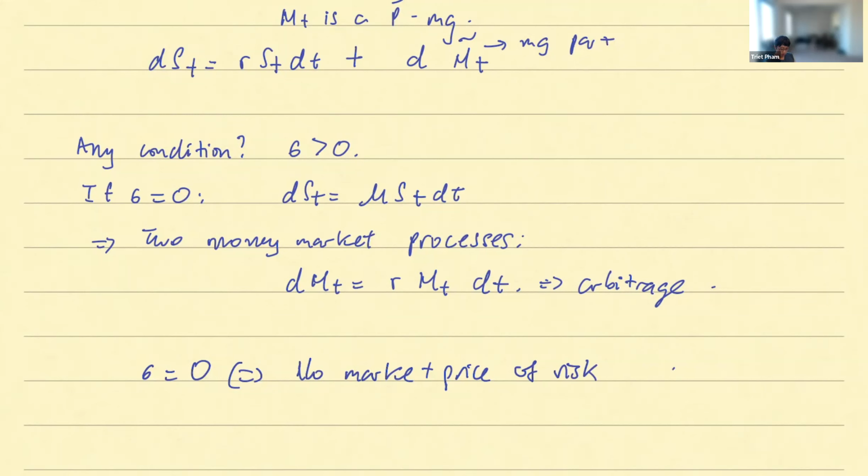By market price at risk, I mean the Sharpe ratio. You understand? So that's the message: market price at risk is connected to risk neutral probability and vice versa. It's actually pure and simple like that.